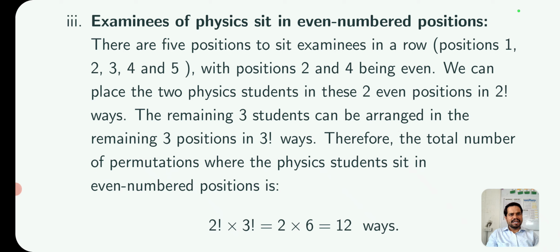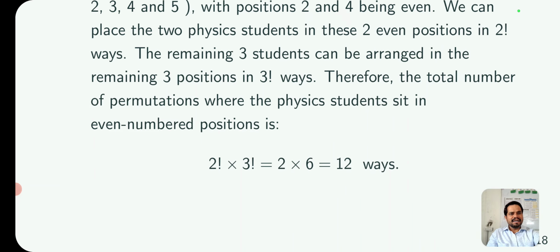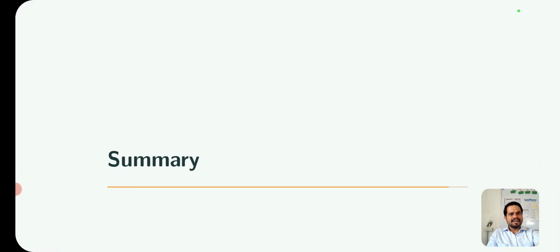We have to fix these for the examinees of physics. So the remaining 3 students can be arranged in the remaining 3 positions in 3 factorial ways. Therefore, the total number of permutations where the physics students sit in even numbered positions is 12 ways. Do you understand this one?